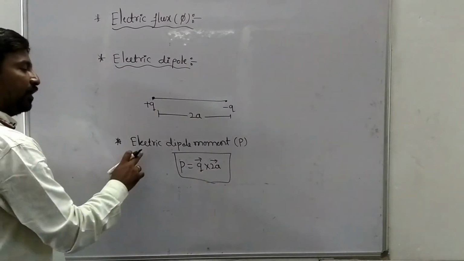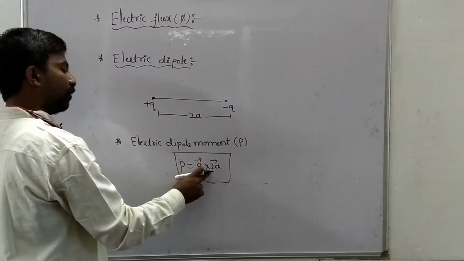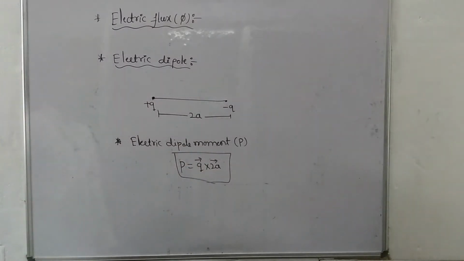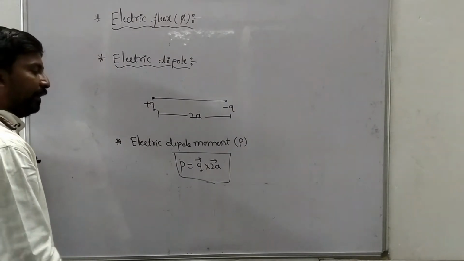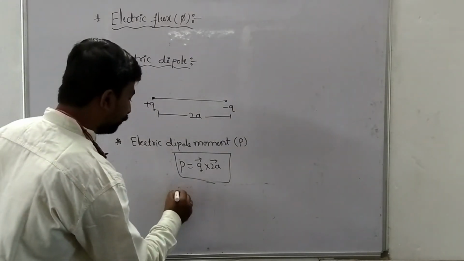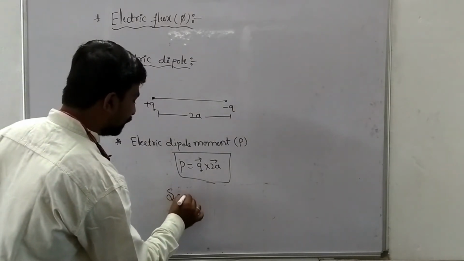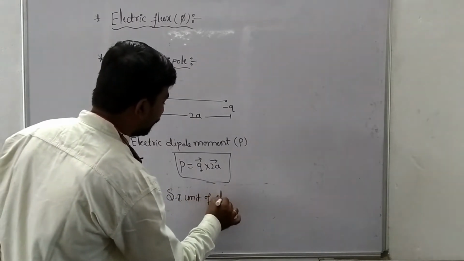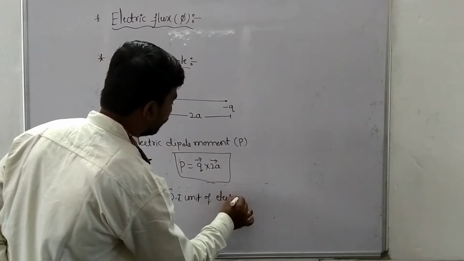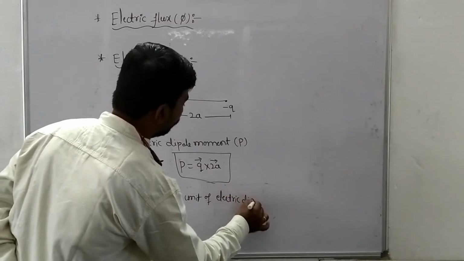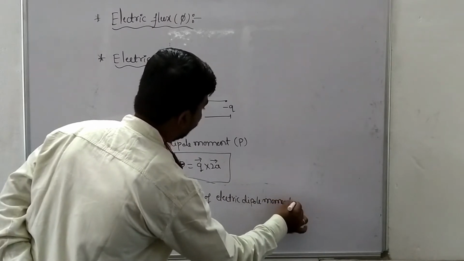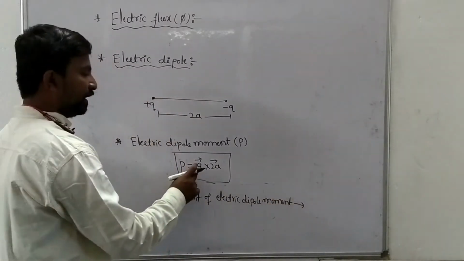So once again, what is meant by electric dipole moment? The product of either charge and the separation of the distance is called what? Electric dipole moment. So the SI unit of electric dipole moment is, what is the SI unit of charge?